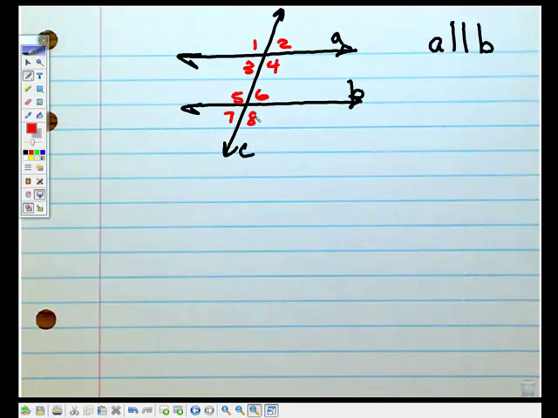What are we ever going to use this for? We are going to be able to determine the size of all those angles if we only know the size of one.